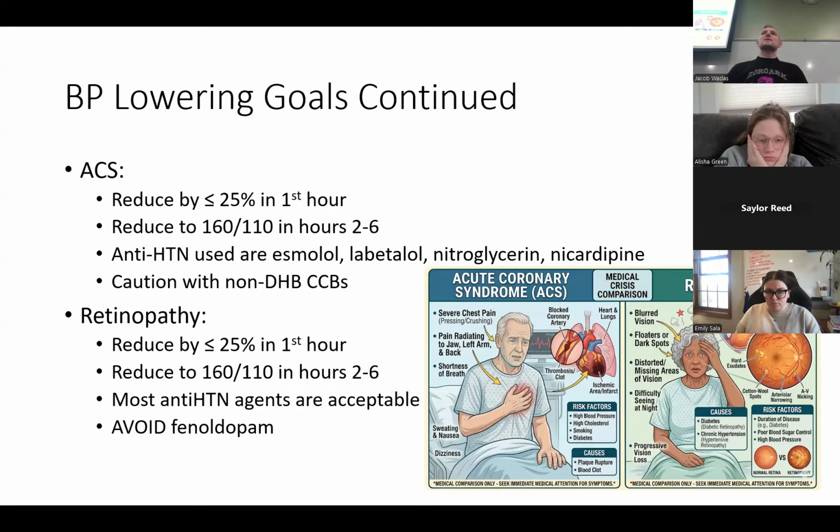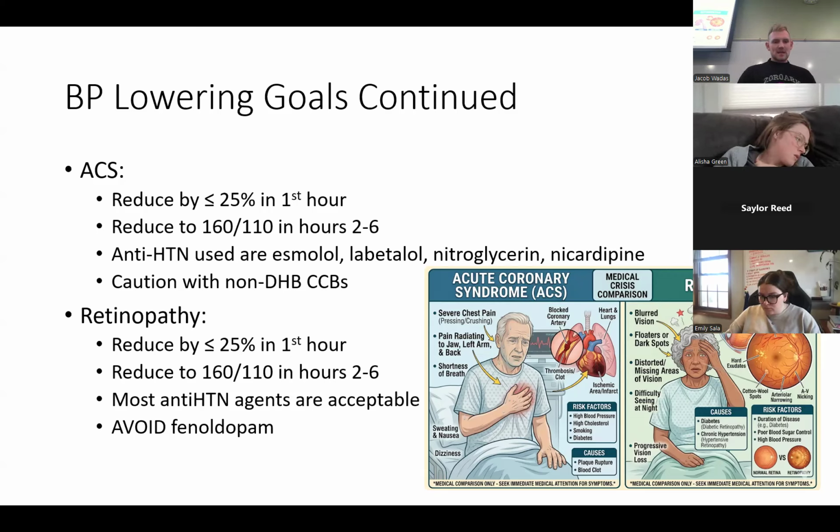Feel free to type in the chat or shout out. Sorry, just to repeat: in a patient case, what's something that could exclude nitroglycerin as a potential option? Yeah, exactly. If a patient is on a PDE5 inhibitor, like sildenafil or tadalafil, that would rule out our being able to use nitroglycerin.